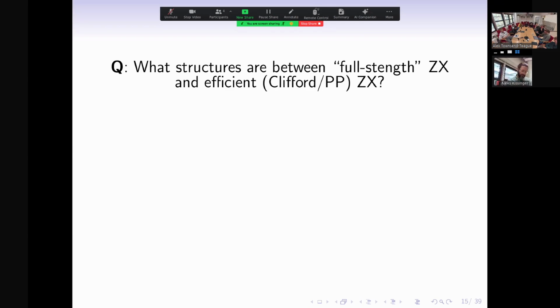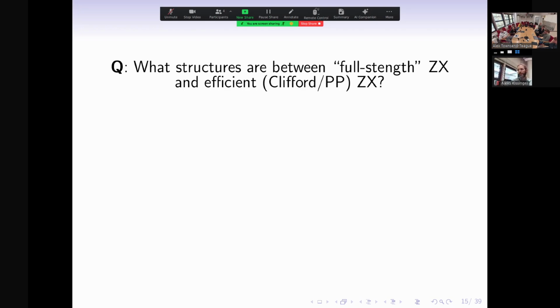Okay, so this is this year's work, and something that we wanted to try to understand was going beyond Cliffords. Now, Clifford rewriting in ZX is very well understood. We know that arbitrary unitaries or arbitrary linear maps are going to be hard.